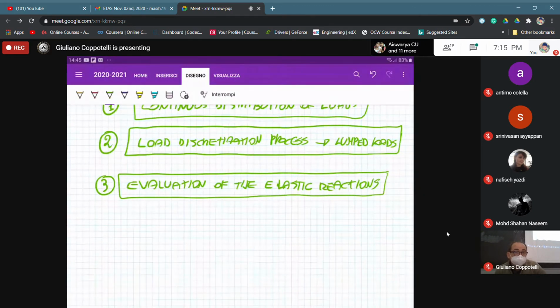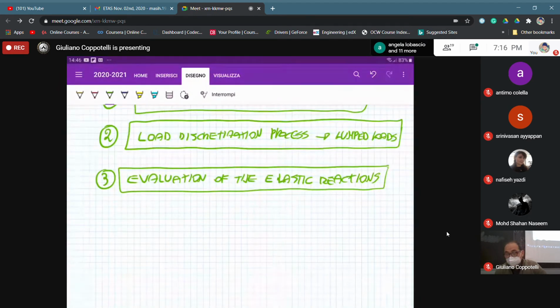Then our discretization, our choice of lumped loads, is okay. On the contrary, we have to go back and change positions, change amplitude in order to meet this very good correlation criteria with respect to the ideal one.